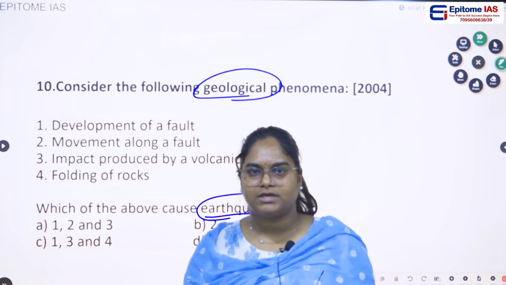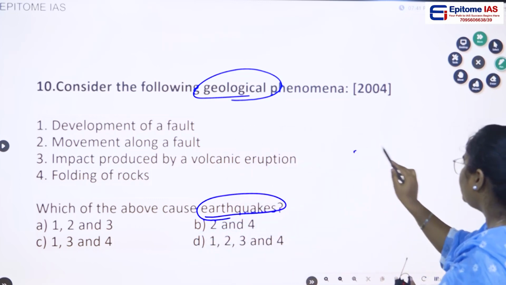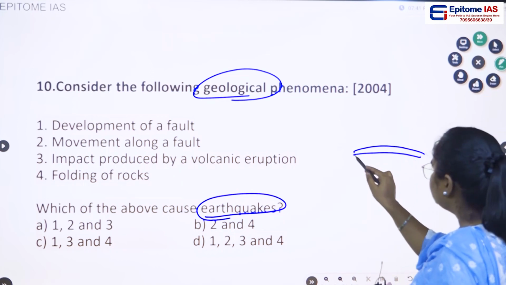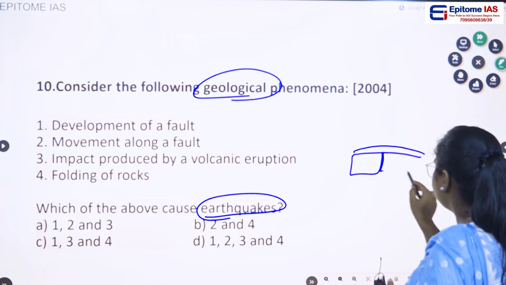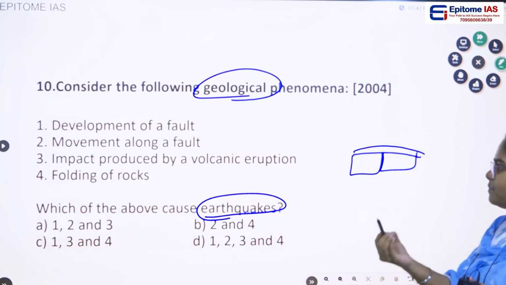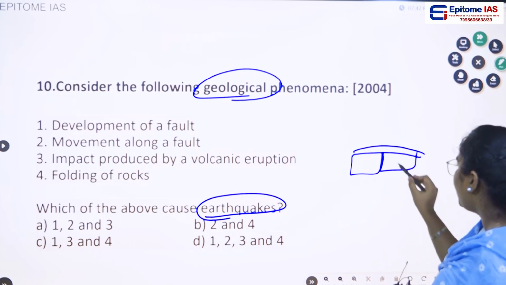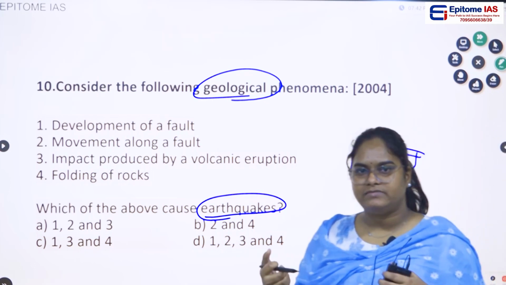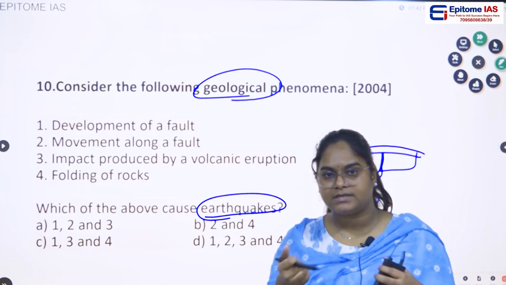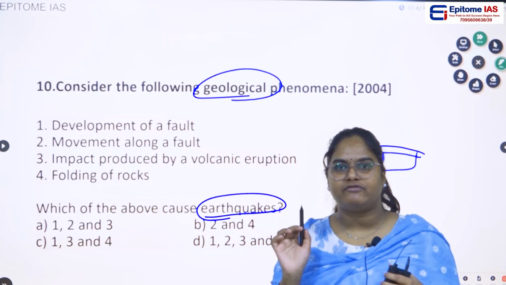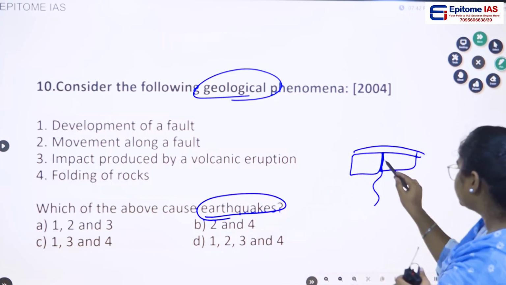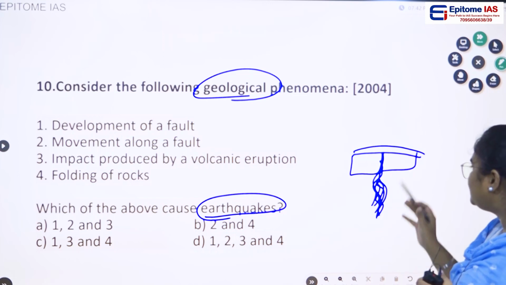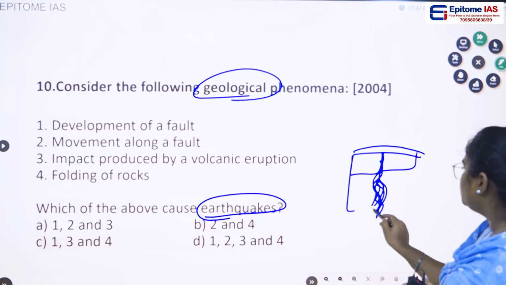What is this fault? We know the top layer of Earth is crust, and below the crust we have some rocks, right? Some plates. This is made up of plates, and sometimes there would be some sort of fracture in this particular plate or the crust. This fracture will cause a gap between 2 plates.